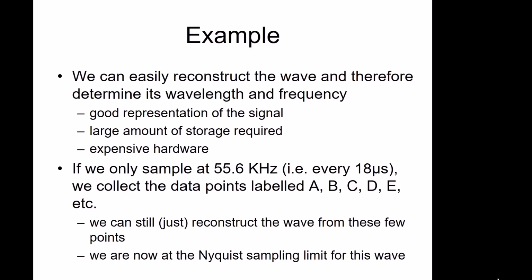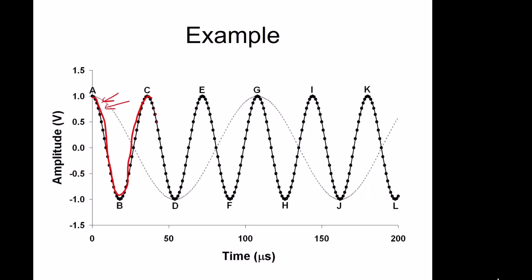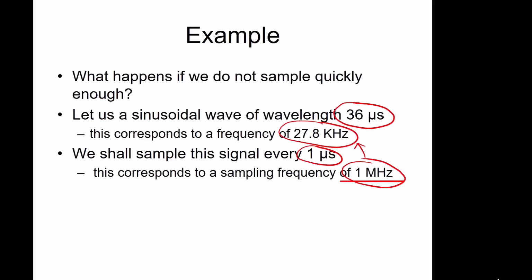What we're going to do now is reduce our sampling frequency to 55.6 kilohertz. So this is now twice our actual frequency. So we've got an actual frequency of 27.8 kilohertz of our signal.